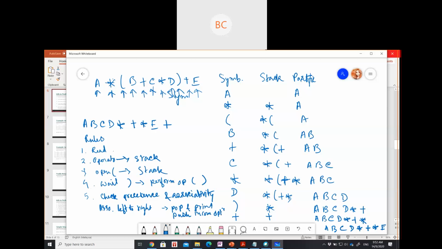So if associativity is right to left, what you will do? What you will do if it's right to left? Tell me.